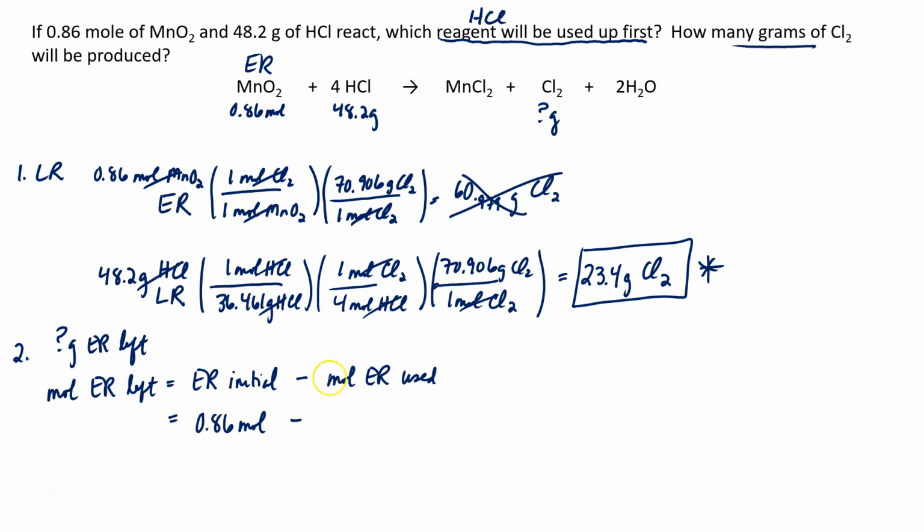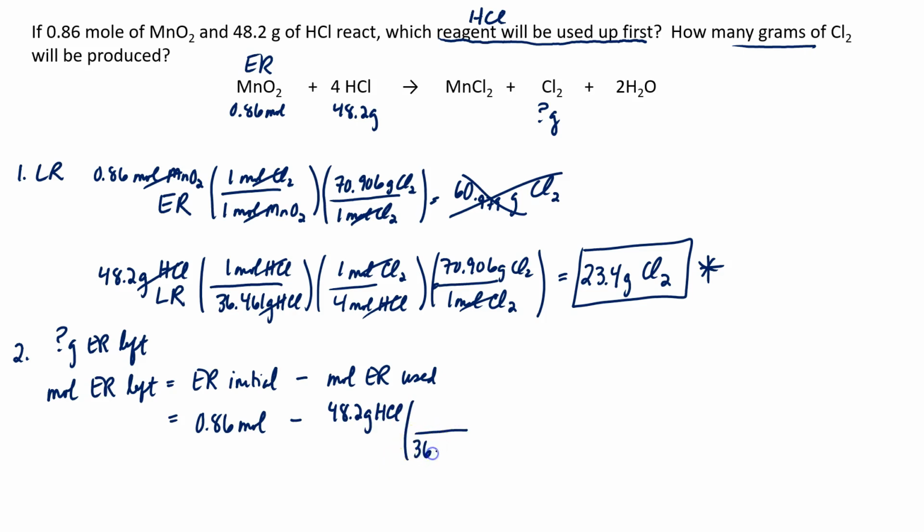And then how do we figure out the moles of manganese(IV) oxide used? It depends on the limiting reactant. And we had 48.2 grams of that limiting reactant. So let's convert that to moles.